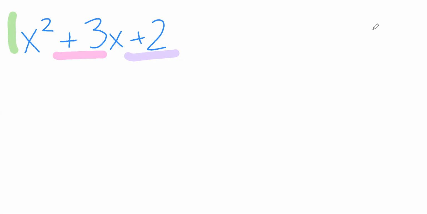So again, we're looking at the coefficient of the x, which is 3, and the constant, which is 2. The idea is that we want to find two numbers that add to the coefficient of x and multiply to the constant.